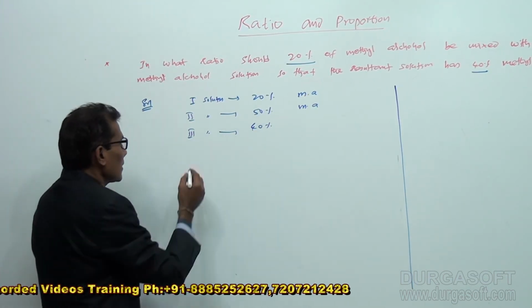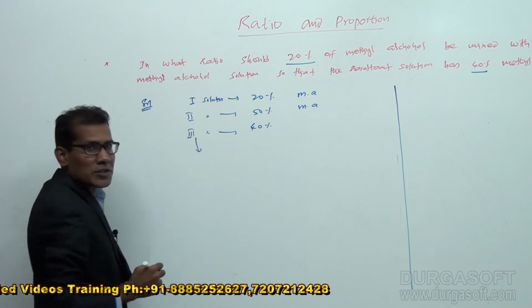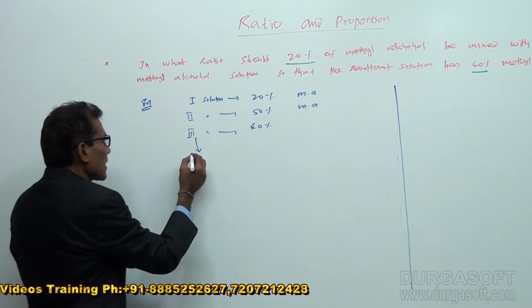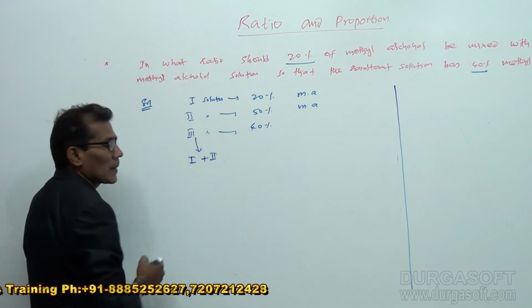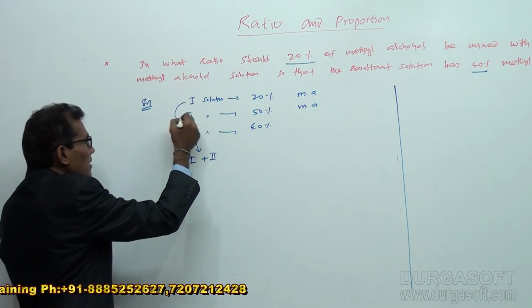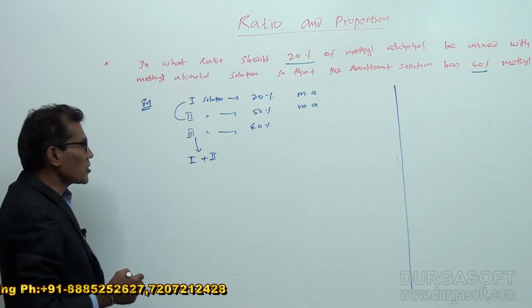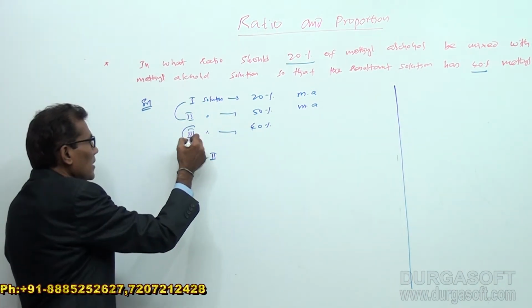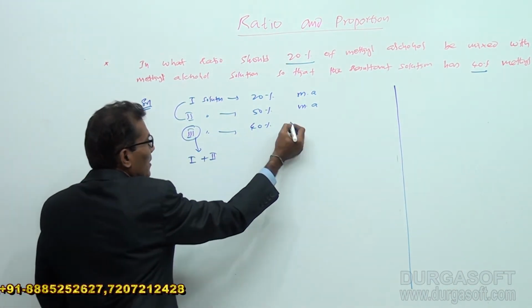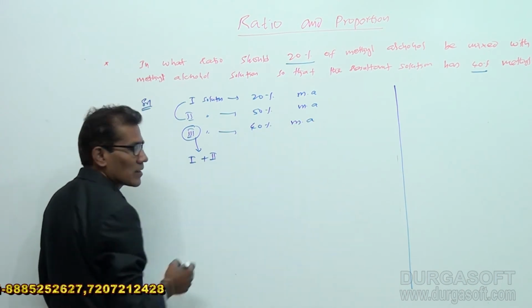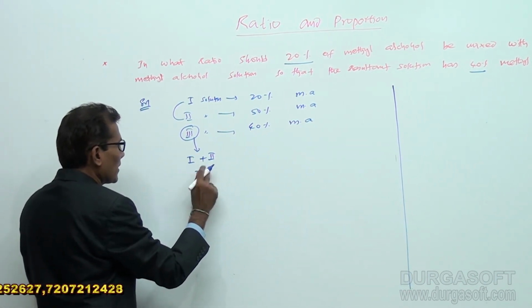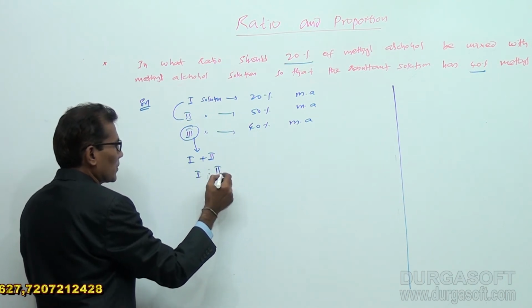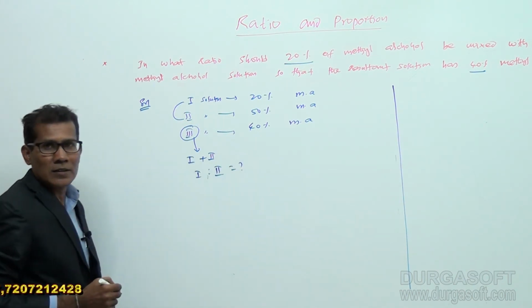This third solution is the first plus the second, added in some ratio. So what must be the first solution and second solution ratio? This we need to find.